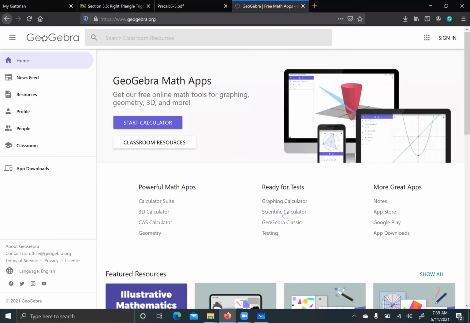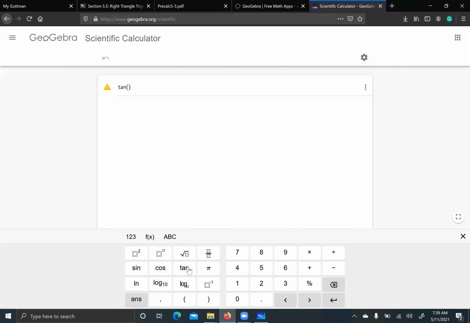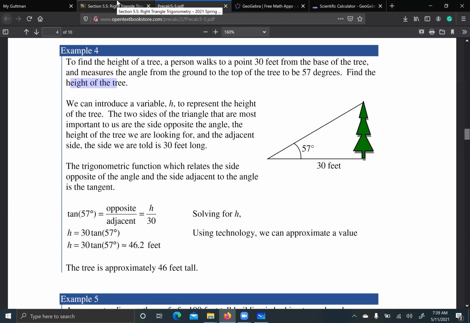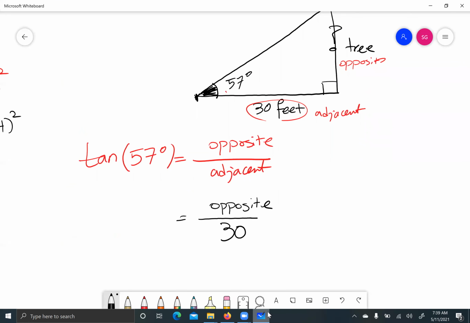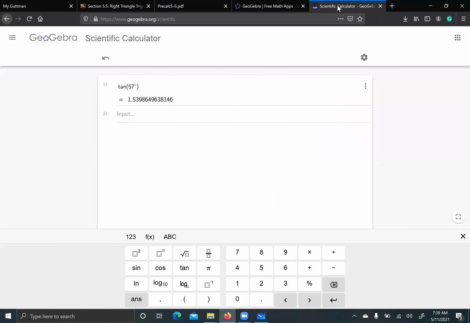GeoGebra. We need the tangent of 57. It's this value. Where is it? It's right here. Let me run that. 1.54.